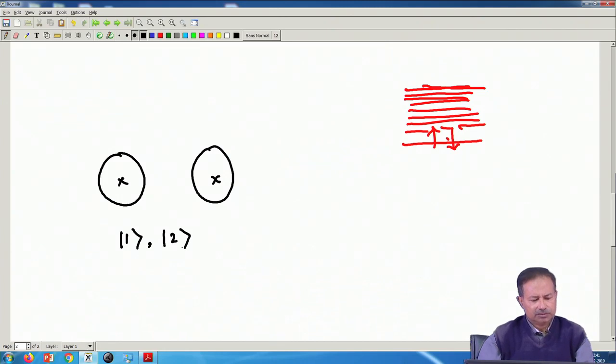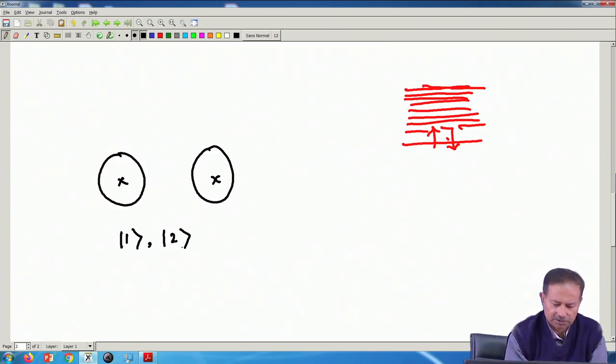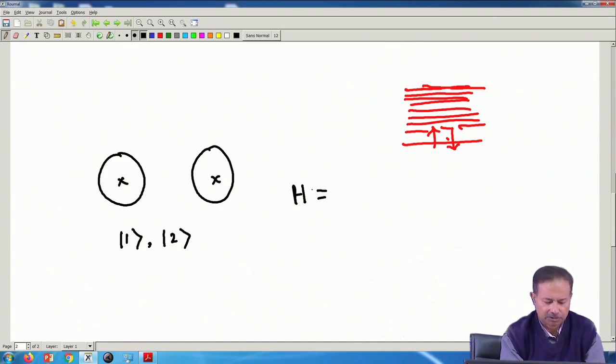So, what we do is that we first write the Hamiltonian. The Hamiltonian has several terms. Basically this is the energy function. The Hamiltonian will have the energy of each of these orbitals.